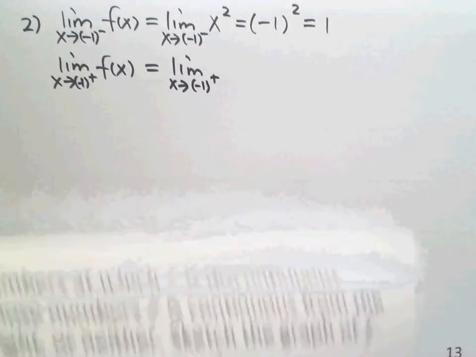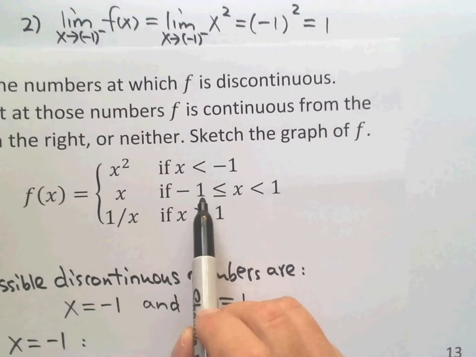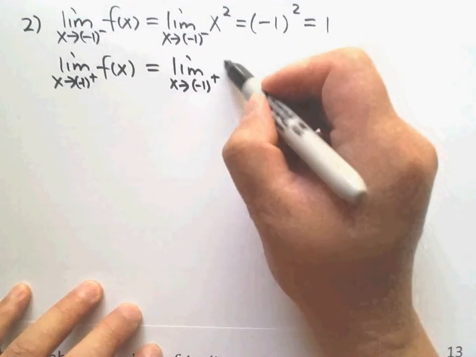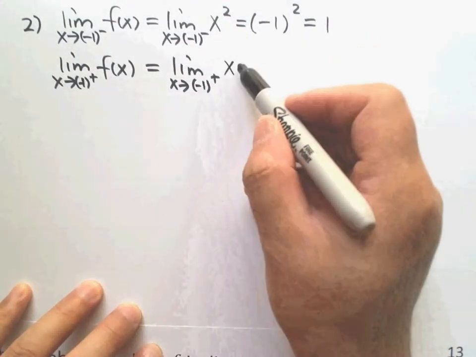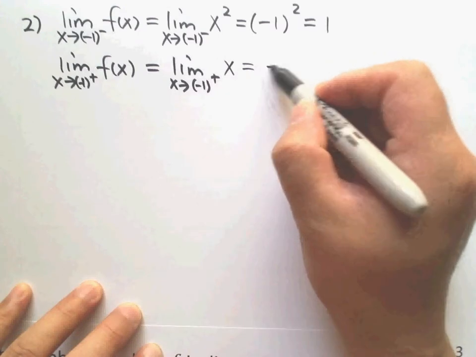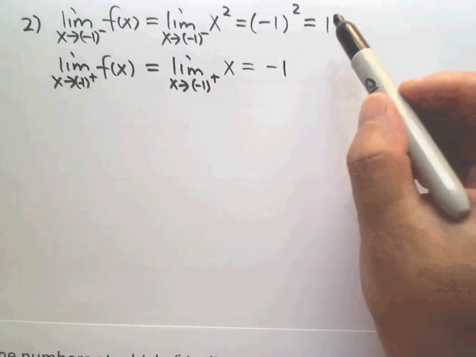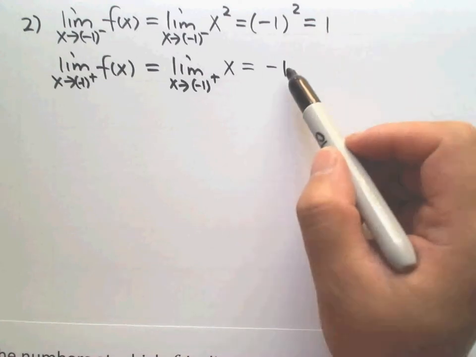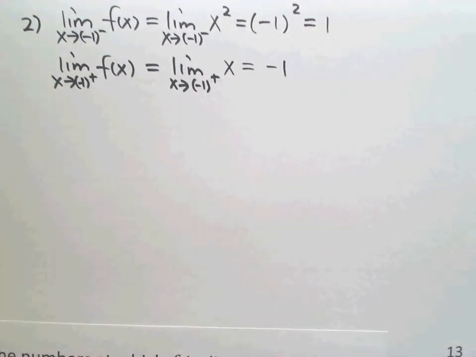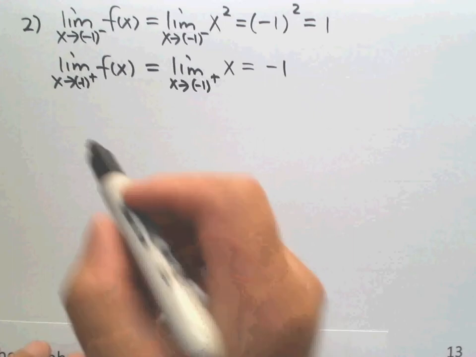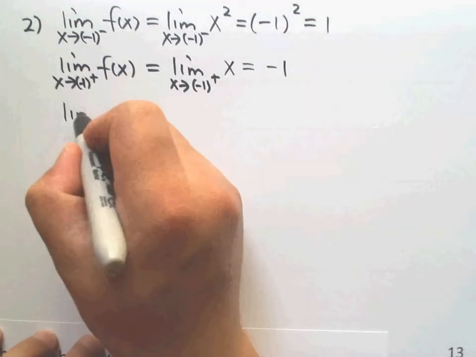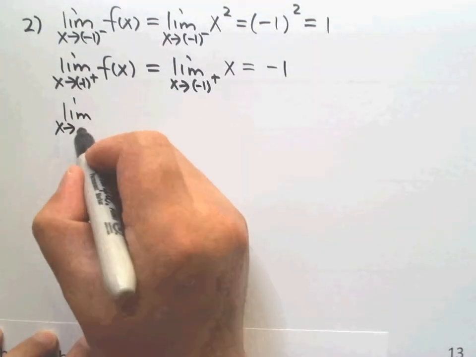Okay, of course, we need to find what is the function. The right side of -1 is the second piece, which is y equals x. So let me put it here. When x is positive, that's the polynomial. They are directly substituted, which is -1, right? Okay. What do we get? We get the left-handed limit does not equal the right-handed limit. What do we say?